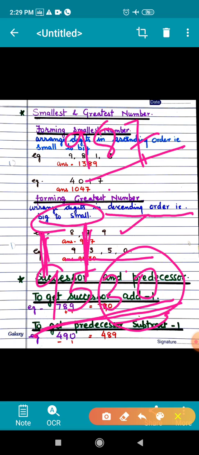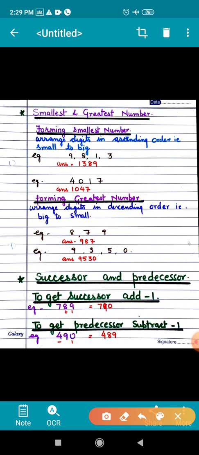Okay. Now let us learn successor and predecessor. Children, in earlier classes you have also learned before and after numbers. The after number is known as the successor and the before number is known as the predecessor. We can get the successor by adding 1 to the number.